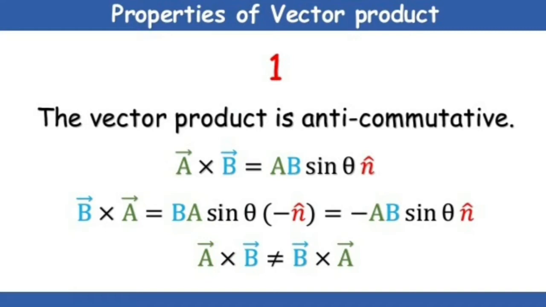Now coming to the properties of vector product. Vector product is anti-commutative. We have vector A cross vector B equal to AB sin theta n cap.